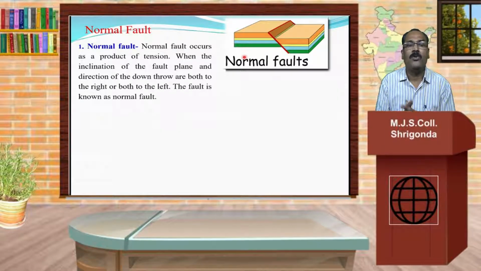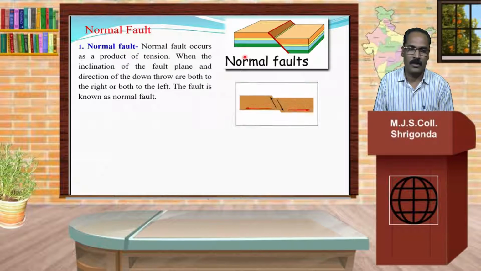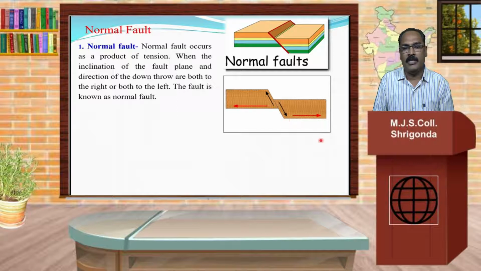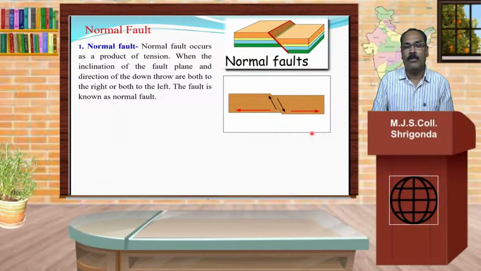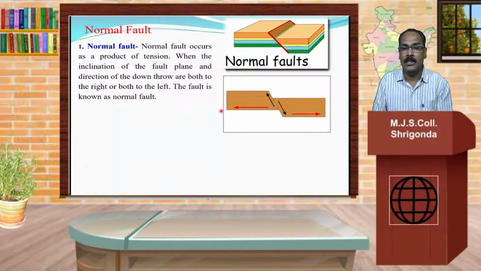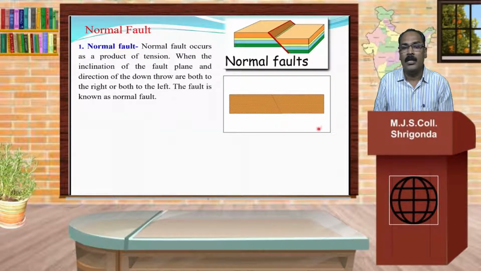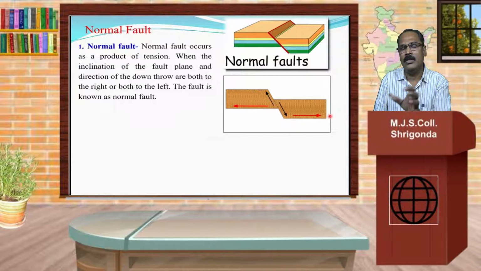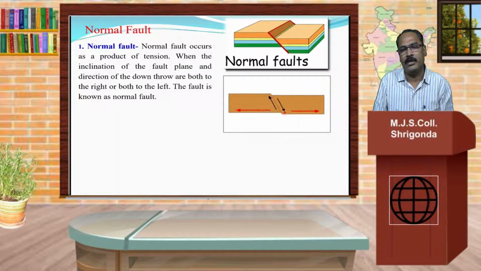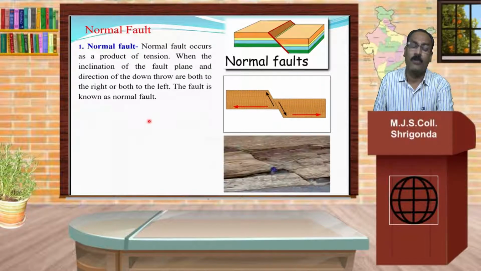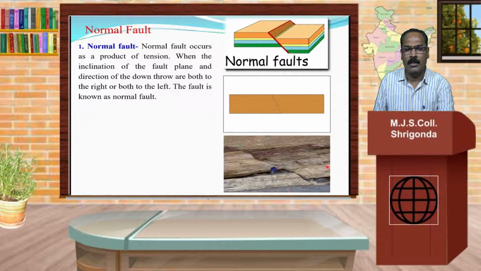The fault is known as a normal fault. Okay, this is the animation. One block is down the slope, and this time there is divergence. This is the animation of normal faults. Here the faults.